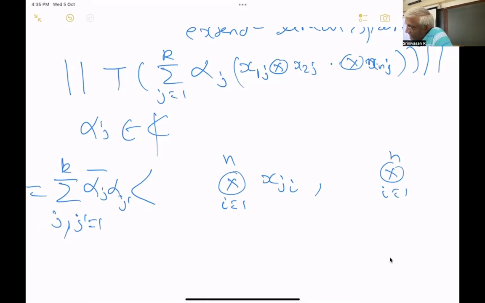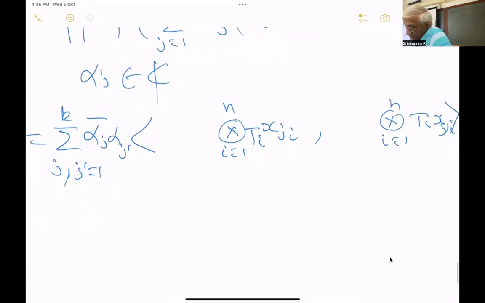It will be T there, that's right. But that's what we want, we are verifying. This is equal to, I just put the T here, I mean, the tensor T. Okay. I will have Ti here, and then Ti of x j prime, right? Okay, this is okay.